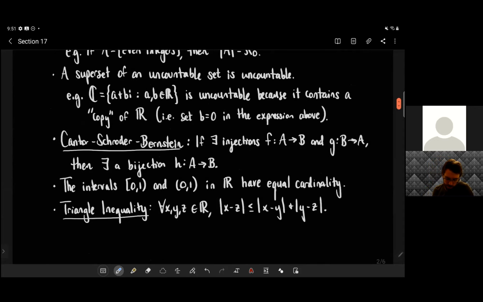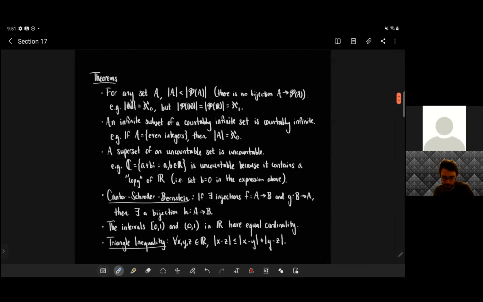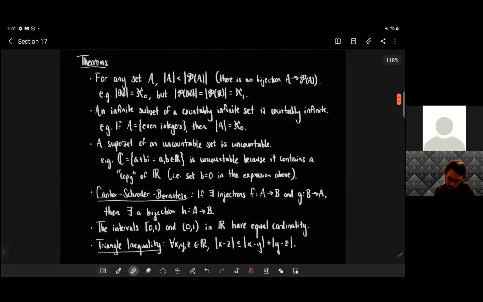Other than that, there's a bunch of important theorems, and I will highlight some of these because they're good to know. Any set is smaller than its power set, smaller in the sense of cardinality. So in particular, that gives you things like the natural numbers may be countably infinite, but the power set of the natural numbers is something greater. Actually, sorry, I have a typo here.